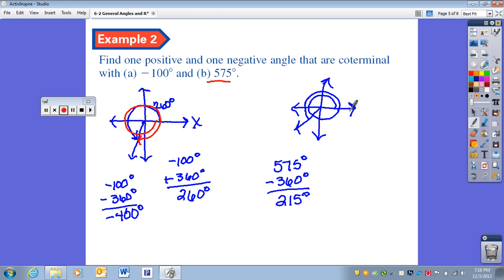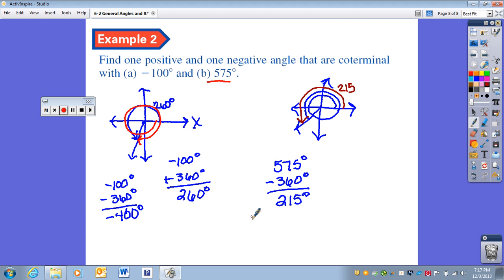So if I were to find my first angle to do a positive 215 degrees, that could be one of the angles that I use for my 575 degree terminal side. And that's the one that would be 215 degrees.